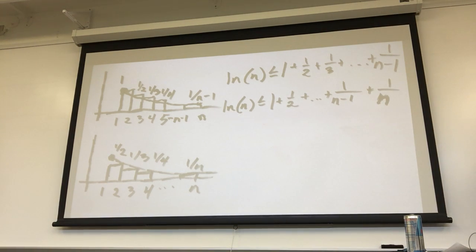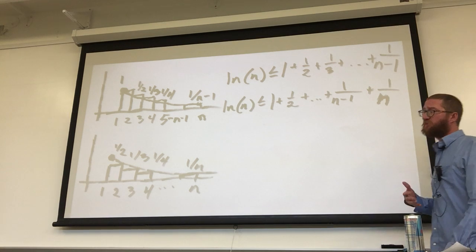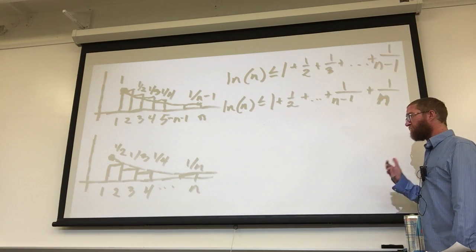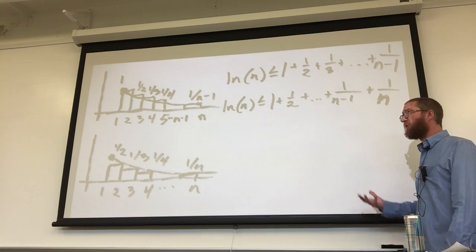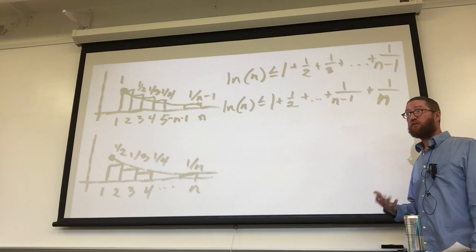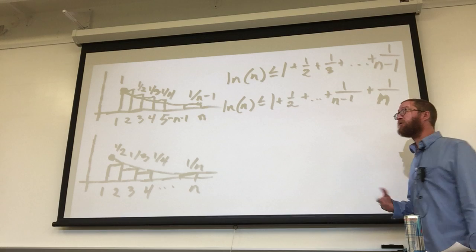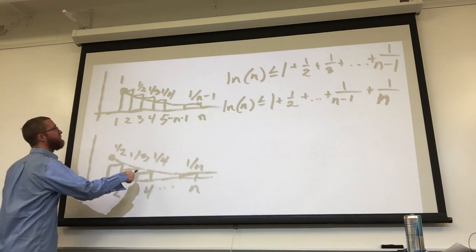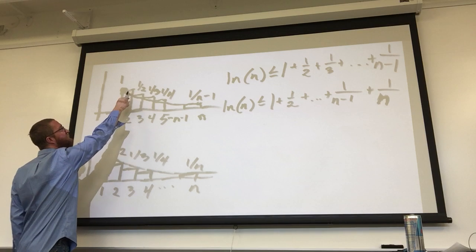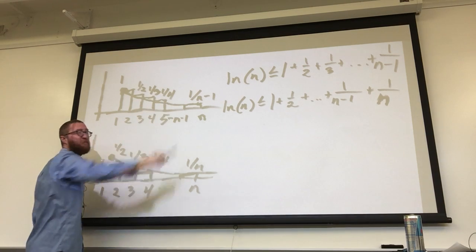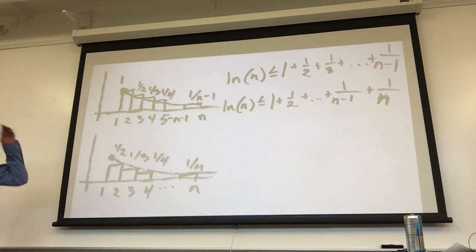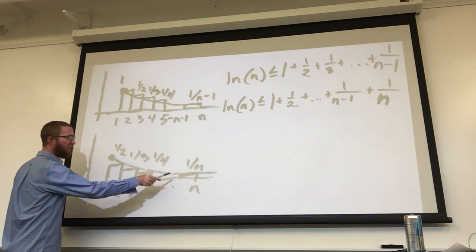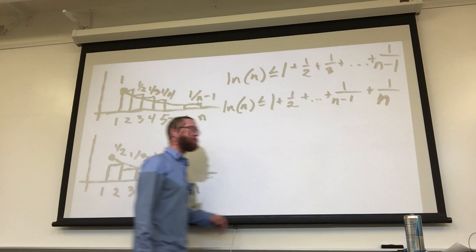Well, the sum of this thing is going to be all of the rectangles below the graph. Okay? So since all of these rectangles are below the graph, the area of these rectangles is going to be less than the actual area under the graph because we have this extra gapping area on each one. So this one was above the graph because of this extra gapping area that is coming from using the left sum. Now this sum is going to be less than the graph because of this lacking area along each one of these.